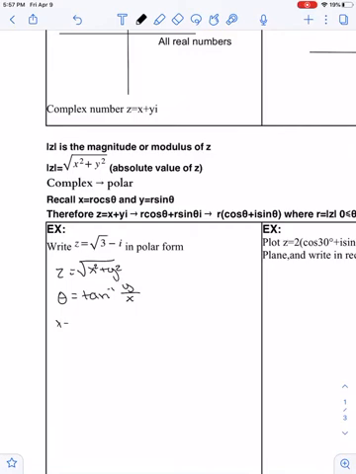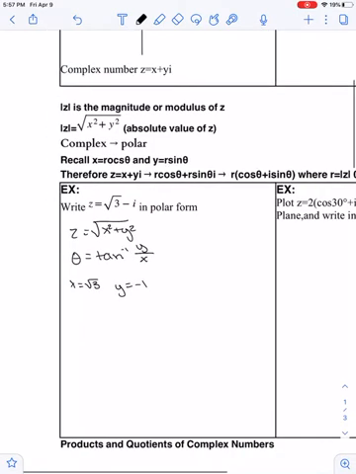Here our x is square root 3, and the y is negative 1. So we have z equals the square root of square root 3 squared plus negative 1 squared.